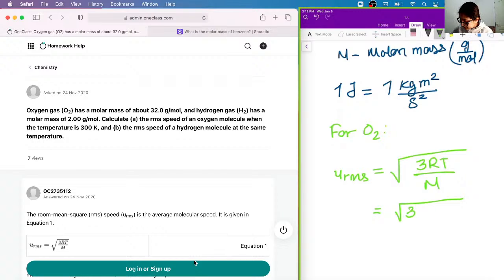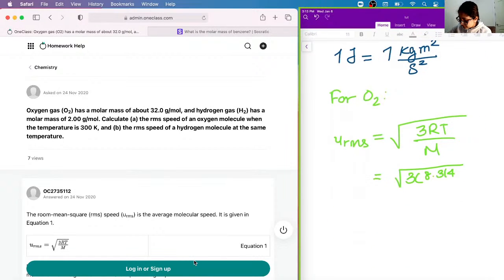So we have 3, and our constant is 8.314.